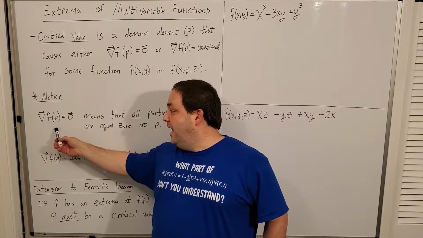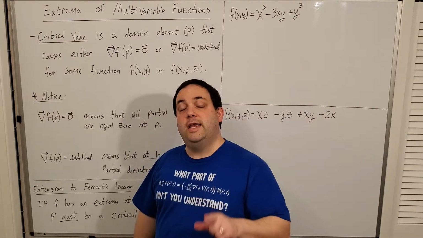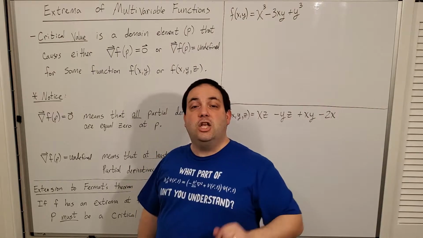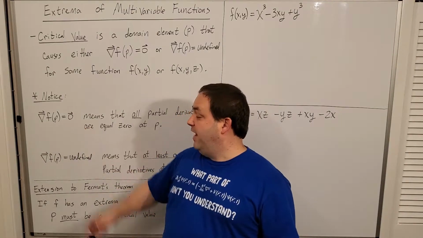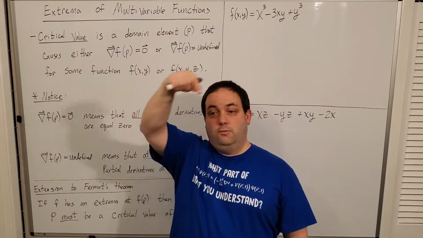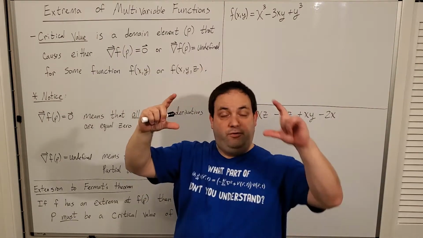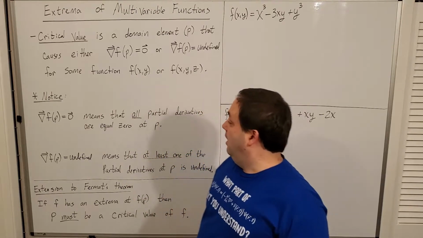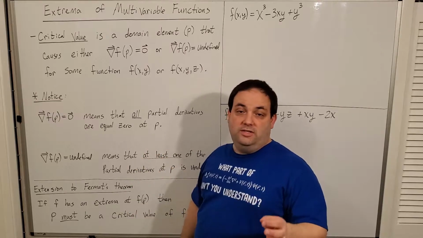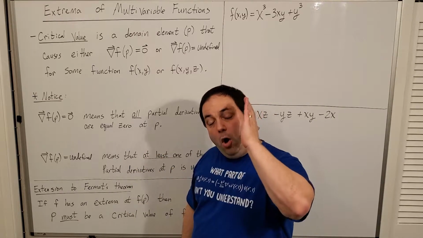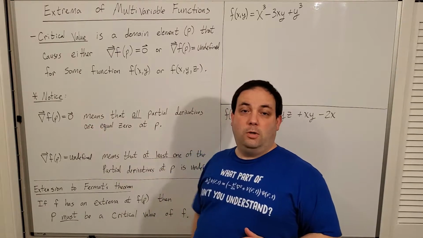For the gradient at a point to be the 0 vector, notice the gradient can't be equal to 0 because the gradient is not a number, it's a vector, right? For it to be equal to the 0 vector, that's the vector with 0, 0 if you're only 2-dimensional, or the vector with 0, 0, 0 if you're 3-dimensional, right? All of the partial derivatives at the point have to be equal to 0 for that to occur. They have to all be 0 simultaneously for that to happen, okay?